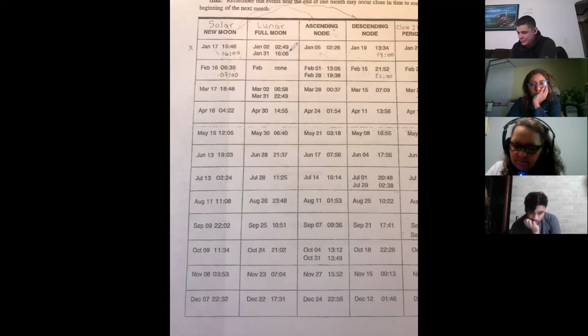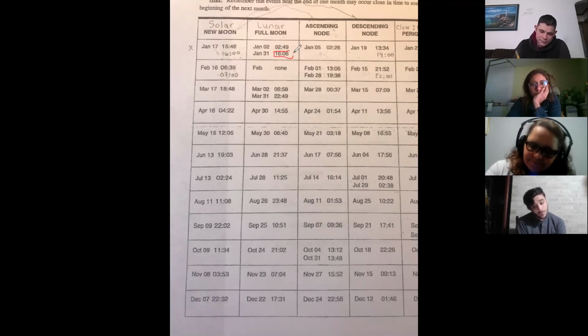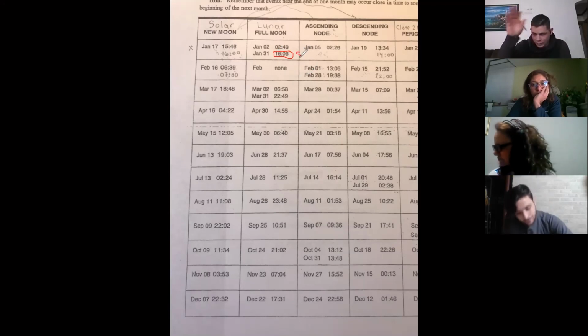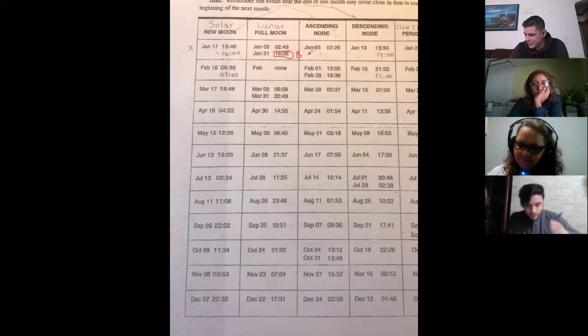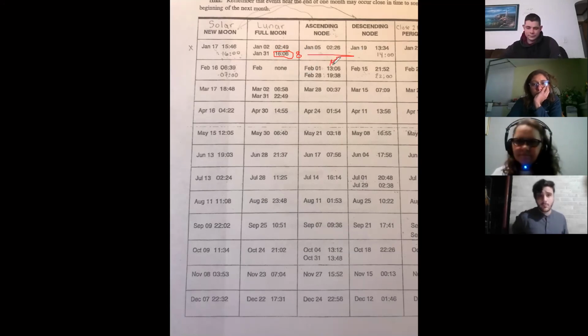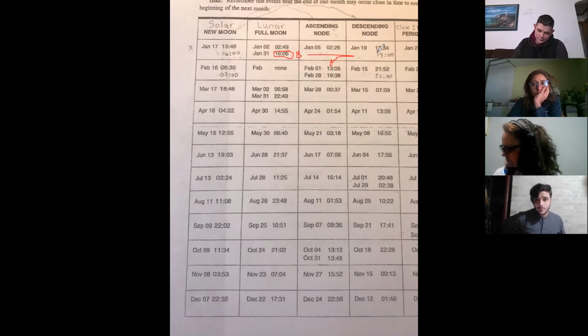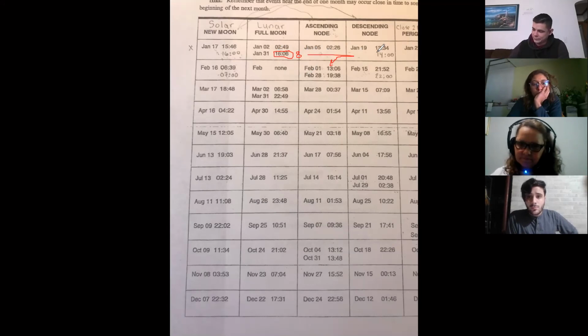Because look, January 31st, how many hours are left in that day if it's 16 o'clock? 8, right? Sorry, because 16 to 4 is 20. 20 to 24 is another 4. But what is 8 plus 13 equal to? 21.